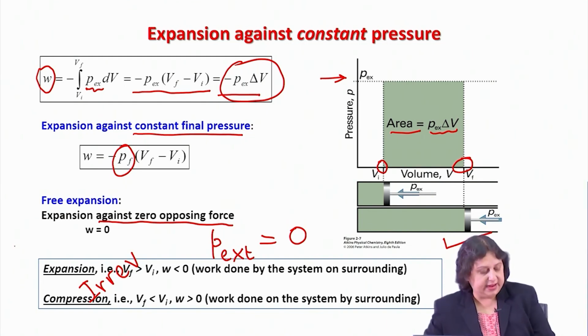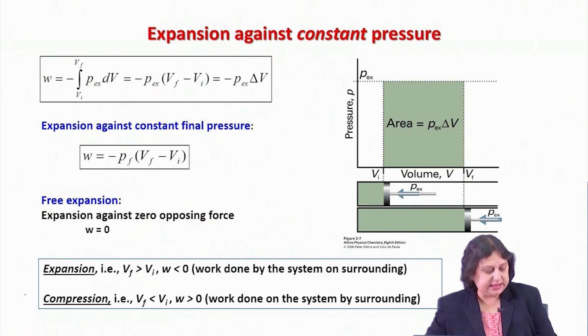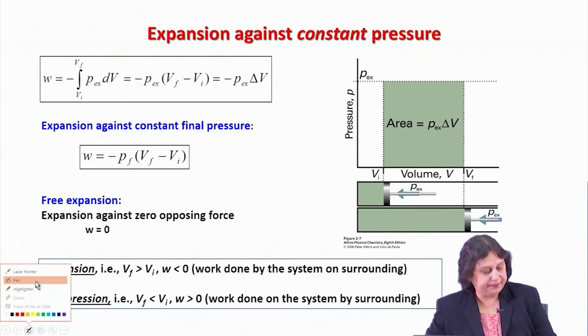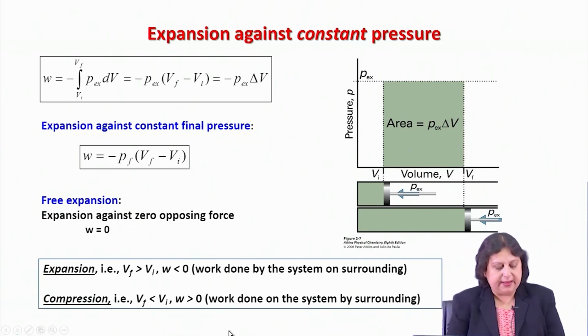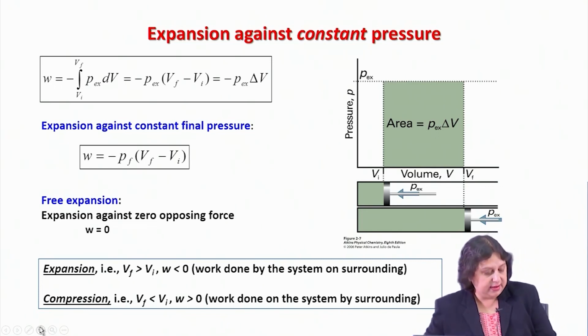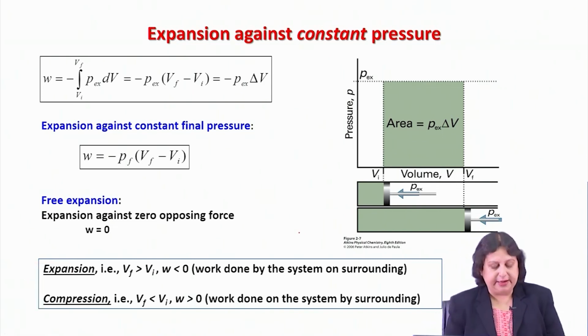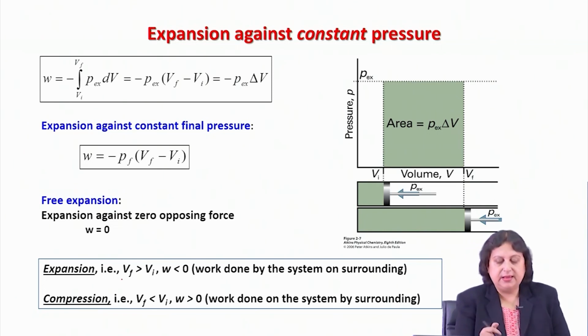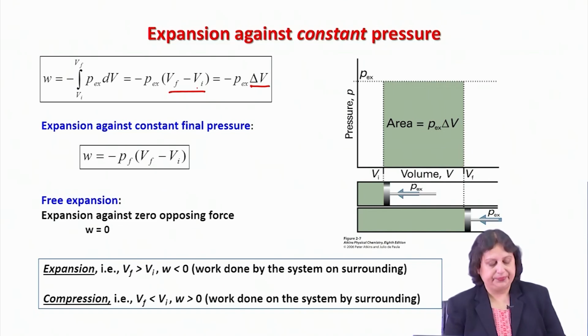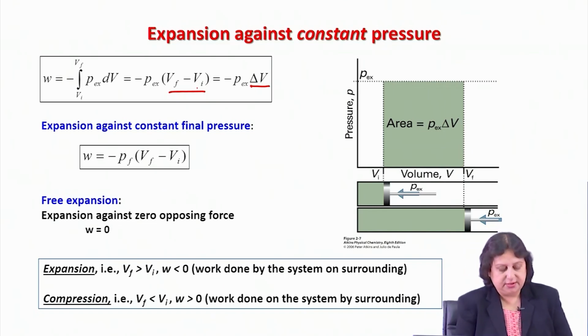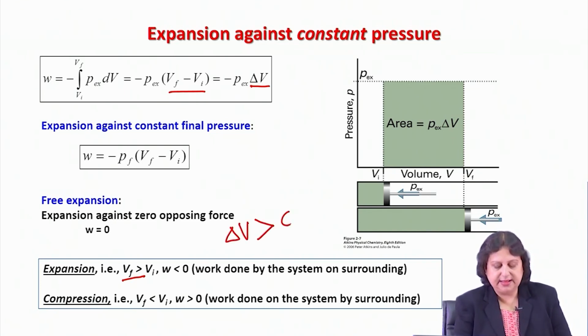When I have an expansion kind of work, in that case, what I can see is the following. I have Vf greater than Vi. So, if I go back and look at the expression for delta V, where delta V is Vf minus Vi, therefore, in an expansion, delta V is greater than 0.